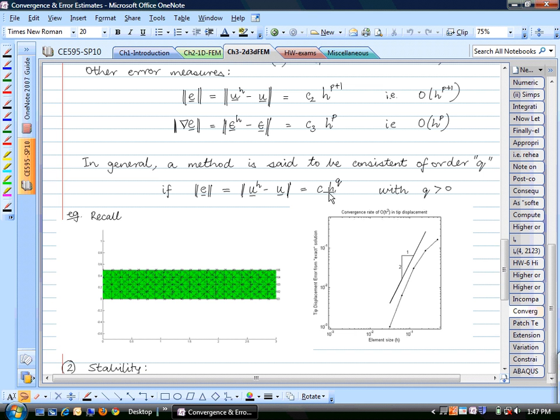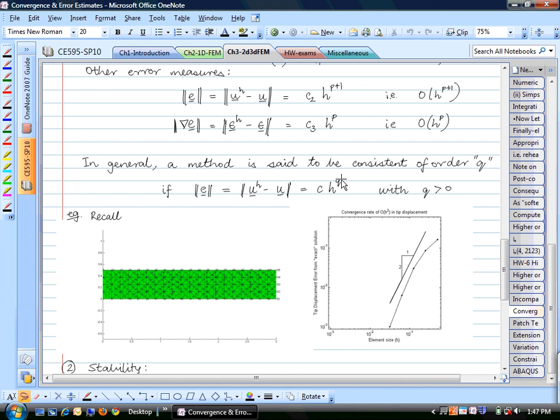When we talked about this last time, convergence is equal to consistency plus stability. Once you have consistency plus stability, then you have convergence. And once you have convergence, you can talk about accuracy. If you don't even have convergence, you can't talk about accuracy.